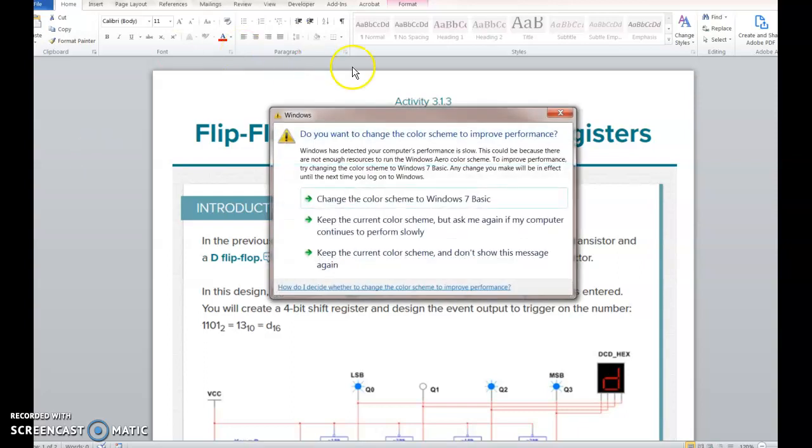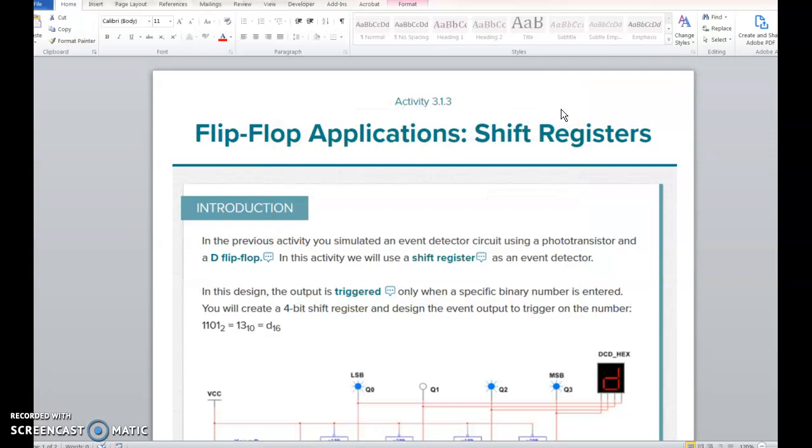We have been using Multisim just to do the schematics, the circuits, but we can also use it to create circuits and send them to that chip.